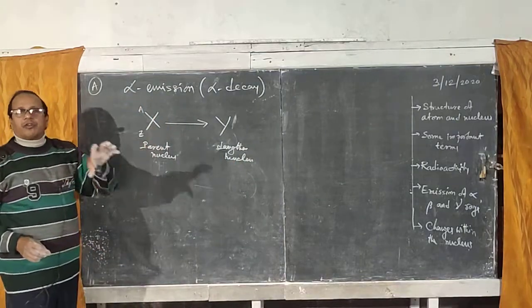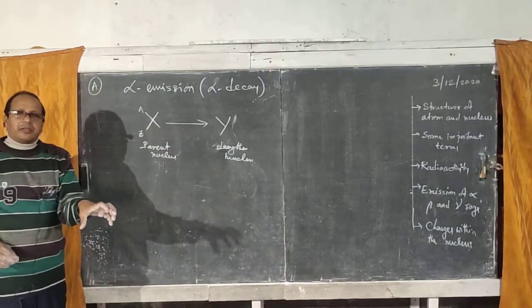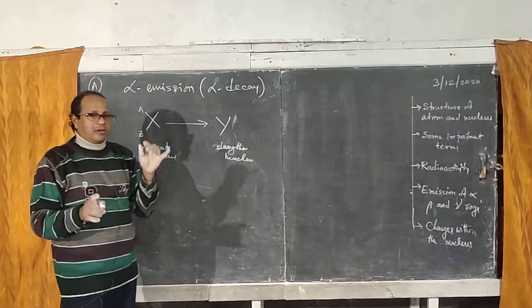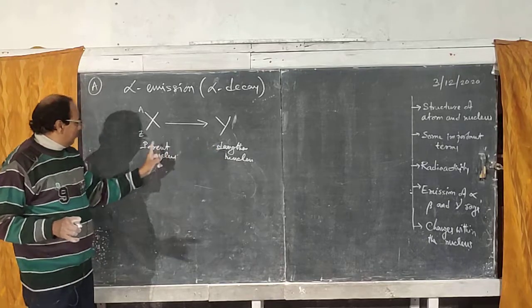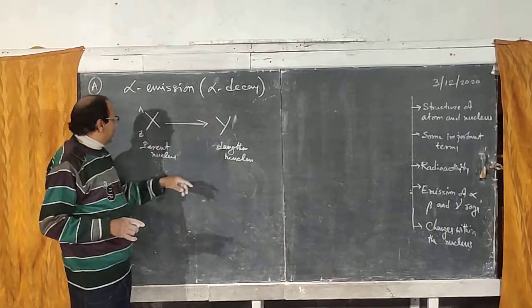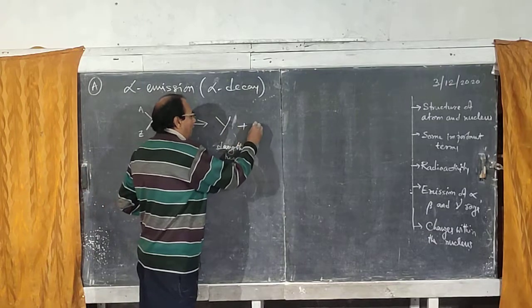We are not talking about atoms; in case of radioactivity, all the time we will talk about the nucleus, not the atom. So this is the parent nucleus, this is the daughter nucleus, and it gives out one alpha particle.